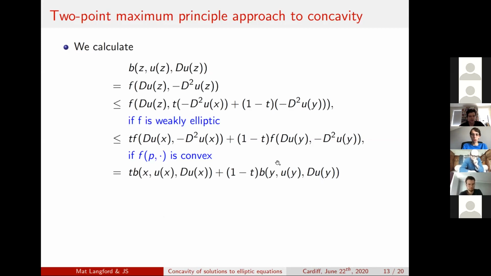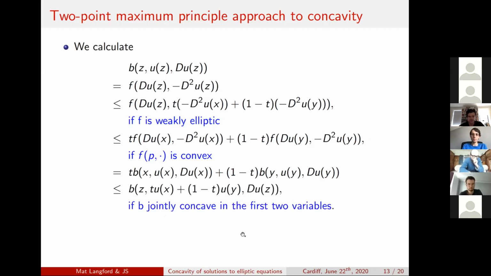And now we want to come back to a closed expression for b. We can pull everything into one argument if we have a concavity assumption for b. So suppose that b is concave in x and u, then we can do this estimate here. Now we have a clean comparison between b of z and Du(z).